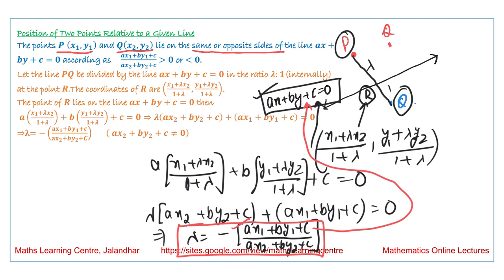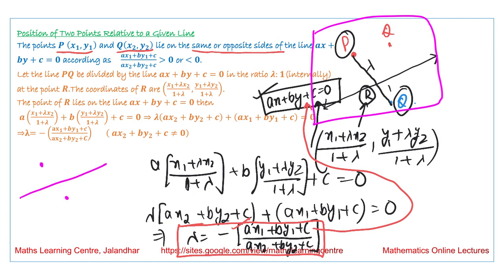So we are talking about two cases now. In the first case, we are saying this is the line, these are the points P and Q, this is the line joining P and Q, and the ratio we have is lambda is to 1. Then clearly the value of this lambda should be positive.